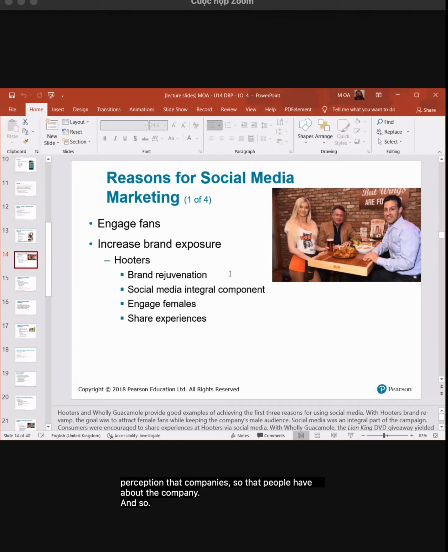Using social media was very effective for attracting young people into their shops, and by allowing them to share their positive experiences, right, they attracted even more people into the shops. So now the regular goer to a Hooters is normally a group of young people in their 20s and 30s that are coming to just enjoy the experience and make it known to others. So that was a way of using social media marketing to transform yourself as a company and rejuvenate your brand.